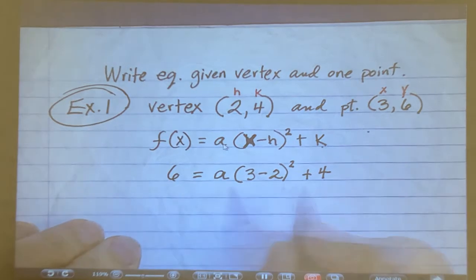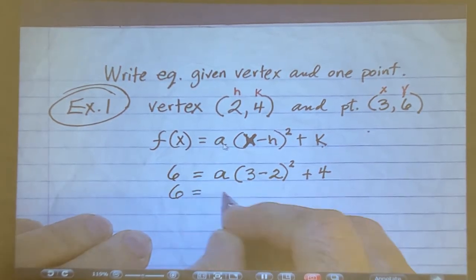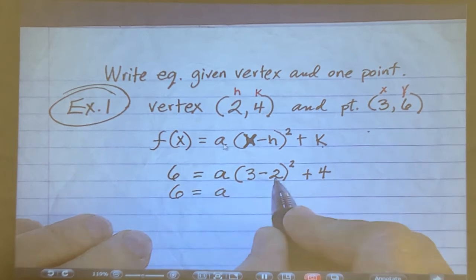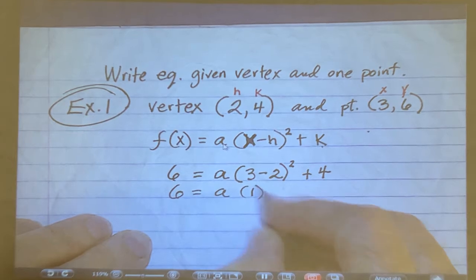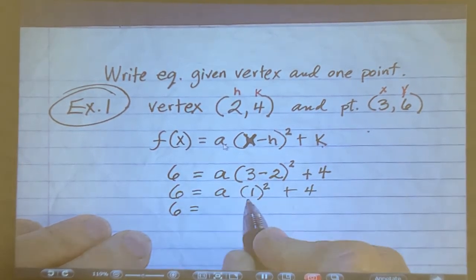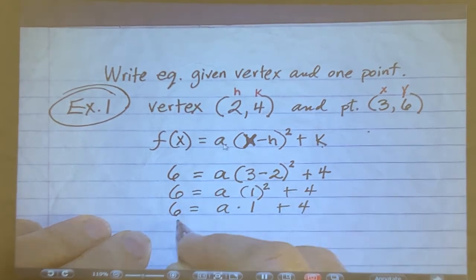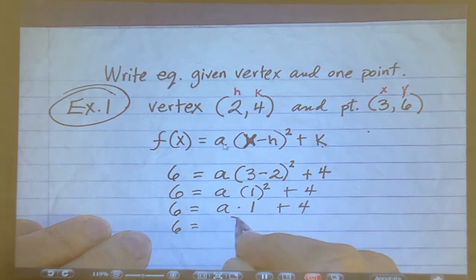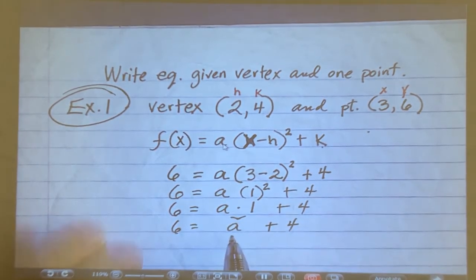Alright, now we're just going to begin to solve everything that we can solve. So I have 6 equals a times, and then inside the parentheses, 3 minus 2 is 1, squared, plus 4. So 6 equals a times 1, plus 4. A times 1 is simply a, plus 4. And all I can really do here is solve for a.